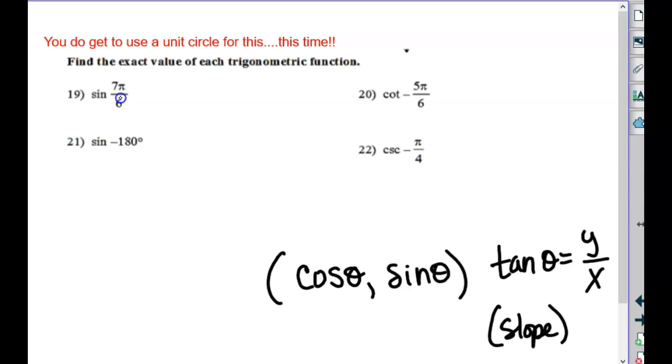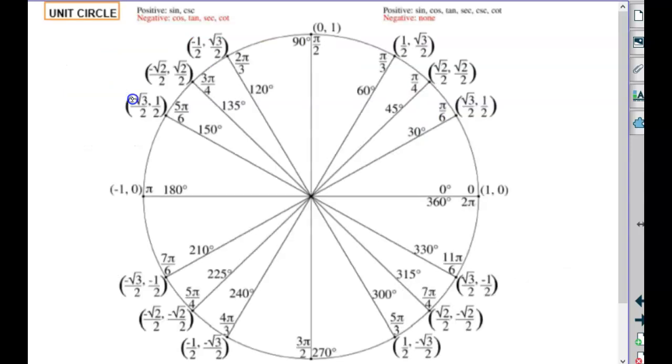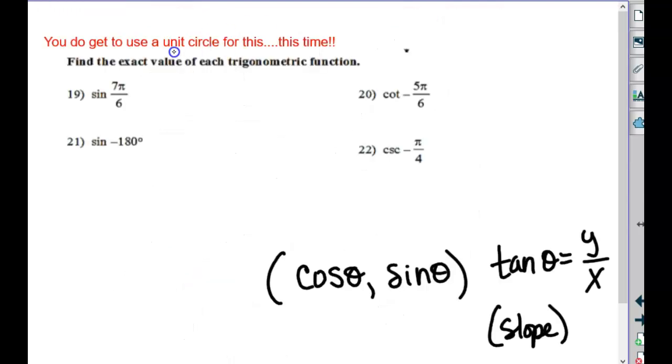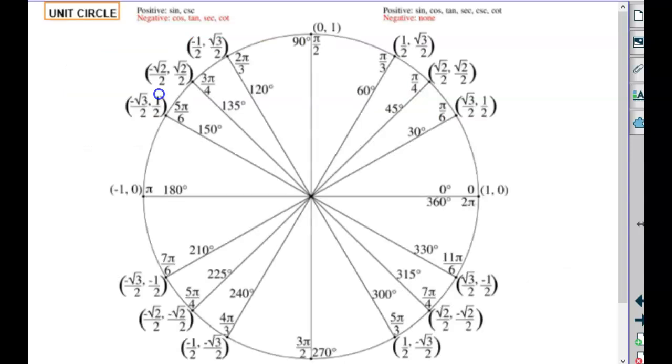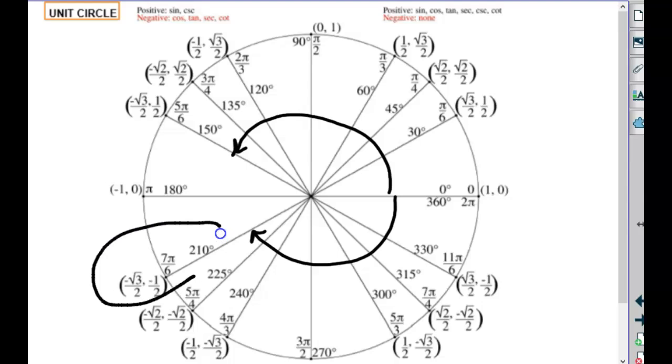All right, so 7 pi over 6, you just find it on your unit circle. It's right down here, and it wanted sine, so you write down what? Negative 1/2. Yep, watch your signs. Okay, for number 20, cotangent, negative 5 pi over 6. I usually look and go, okay, well, 5 pi over 6 was around 150 that way. So a negative is going to be to here. So this is where I'm looking.